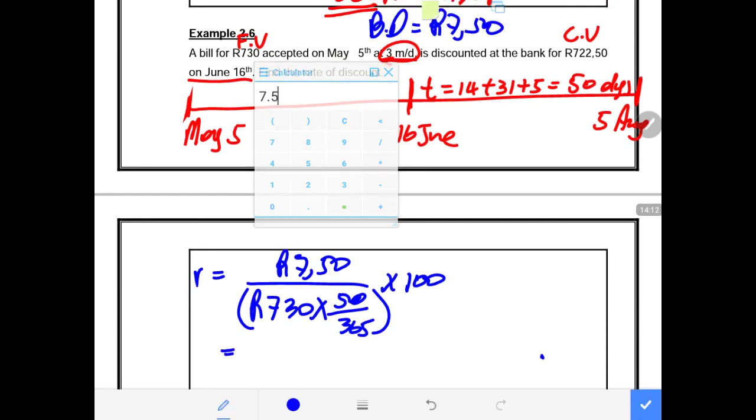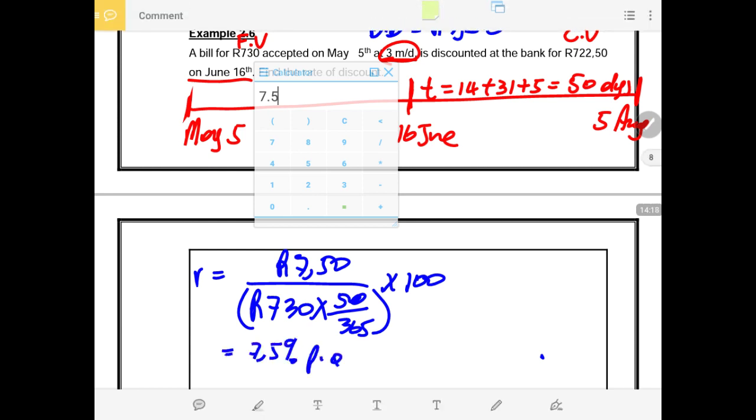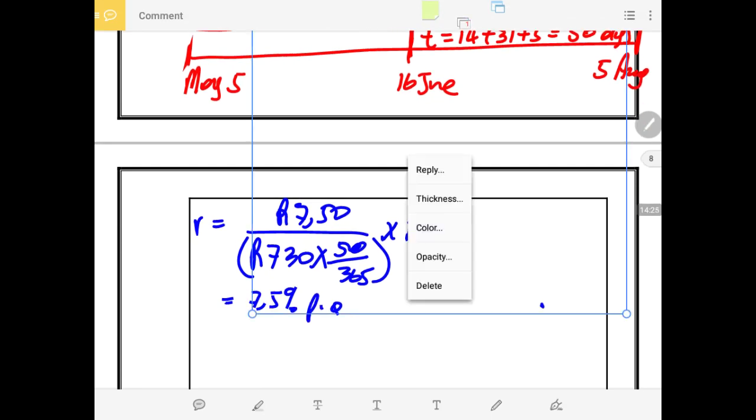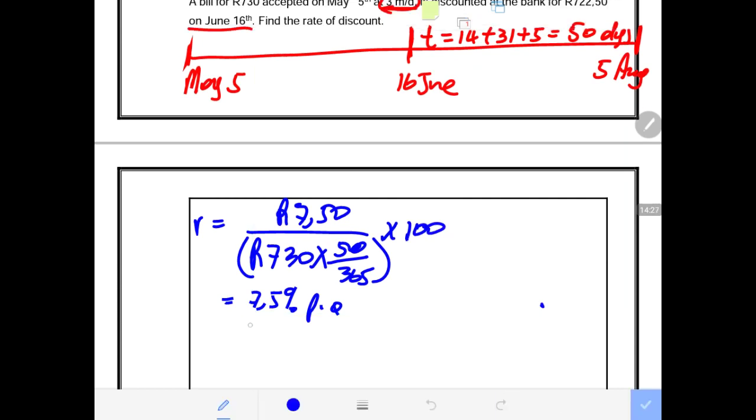Our rate equals 7.5%. Then this will be our 7.5% per annum. Remember, our T was converted to be per annum, and we talked so much about the per annum because 50 days divided by 365 will be an annum period.